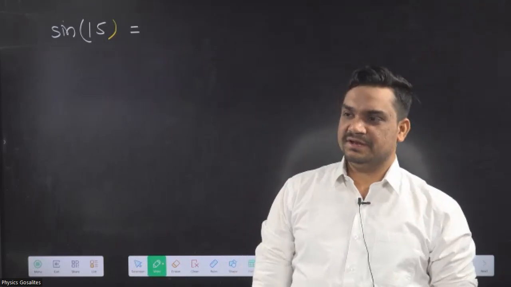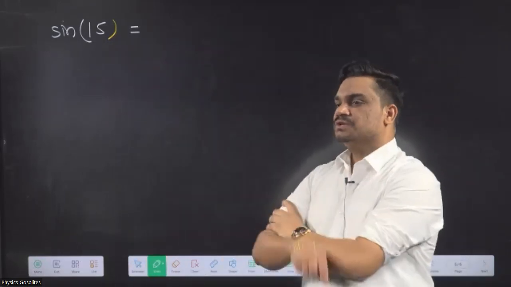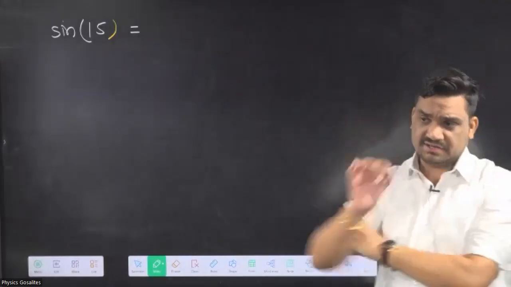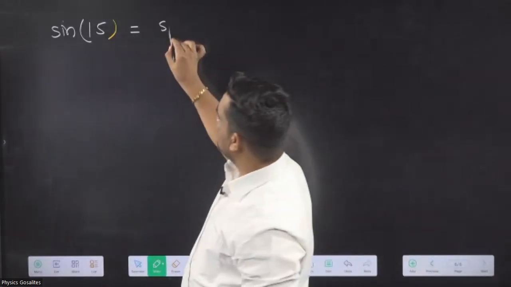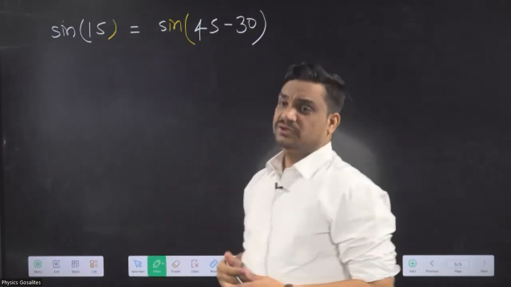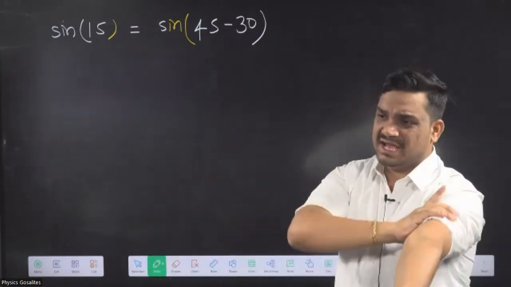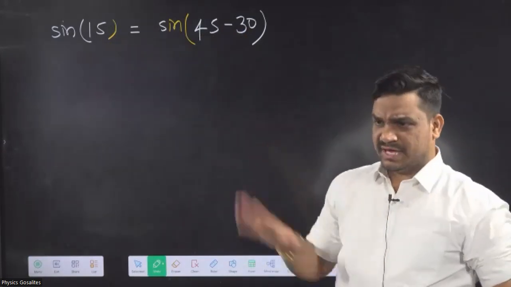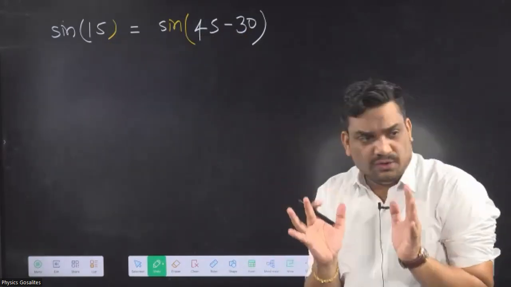Okay, the answer came. Yes, so we can see here, this is sine 45 minus 30, and again you cannot write any other thing. We can write this way, which are the known values.